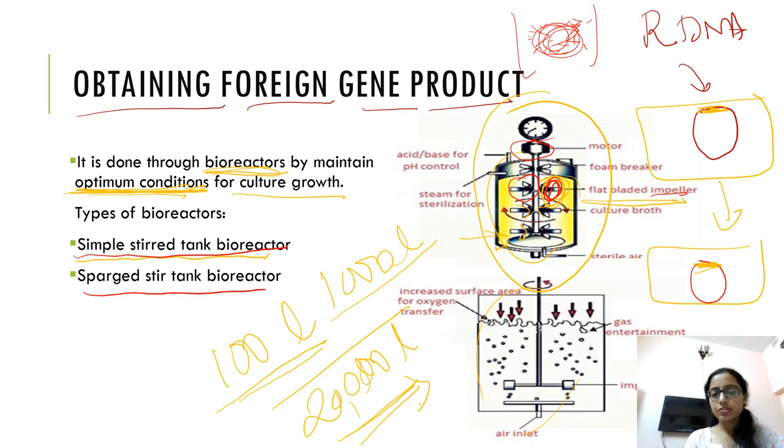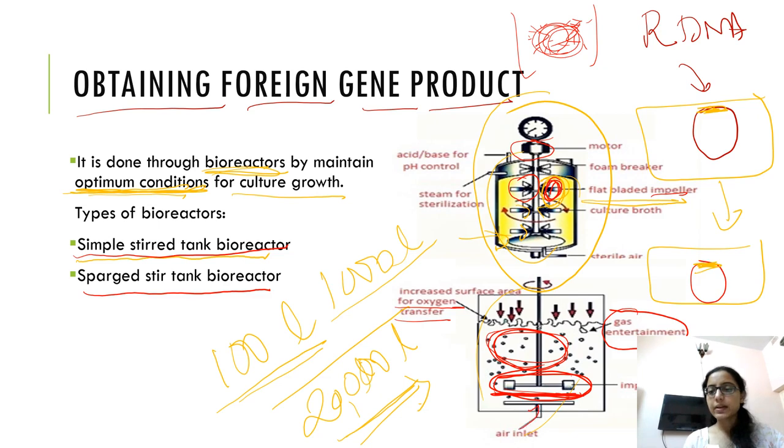And next is the sparged stirred tank bioreactor. What is a sparged stirred tank bioreactor? In this you can see the impellers are present at the downward side, and this will create gas entrainment and produce bubbles, which will cause oxygen transfer continuously through these impellers.